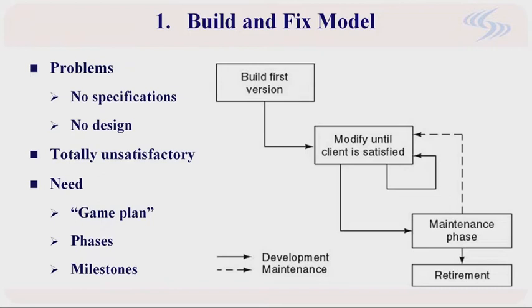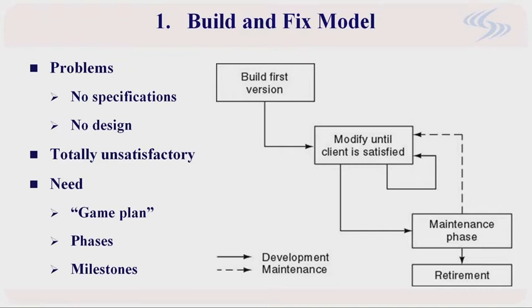First, the build and fix model. Let's look at the diagram on the right side. The first step is just to build the first version of the software system and modify it until the client is satisfied. So you can see the loop here, modify until the client is satisfied. Well, we find that there is no specification and no design.